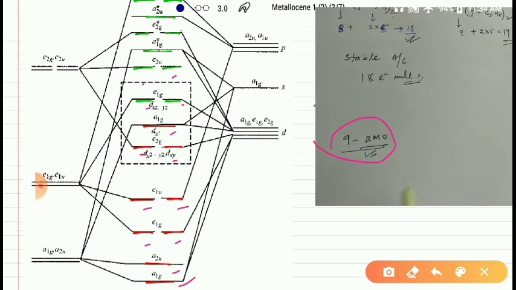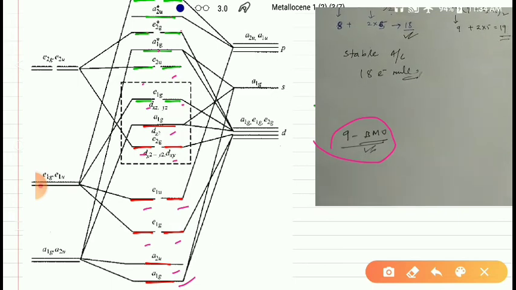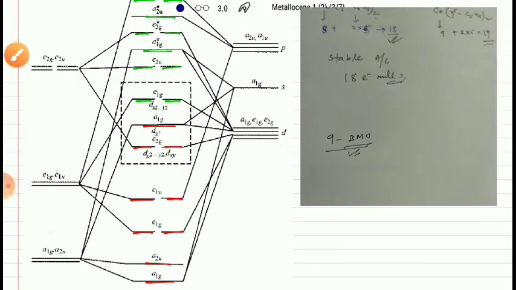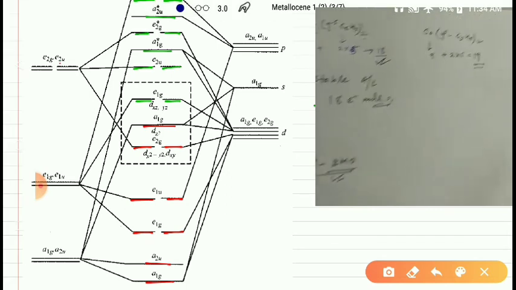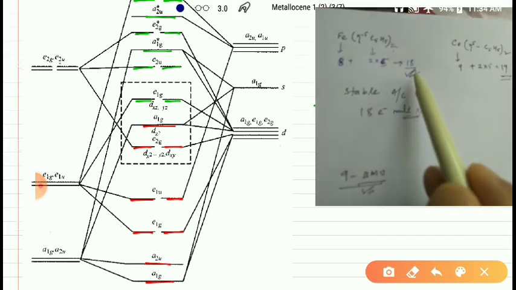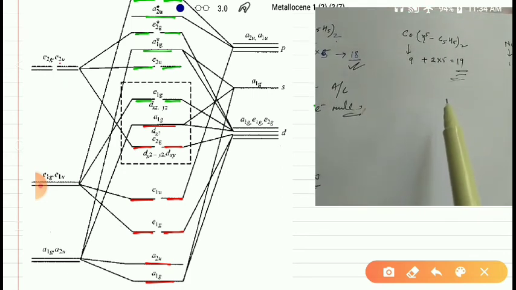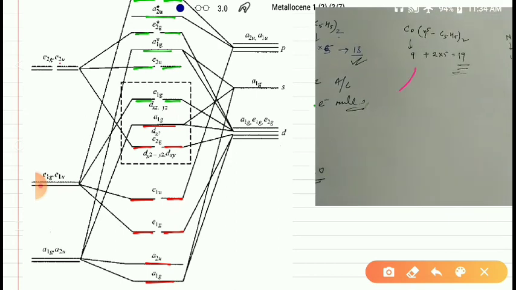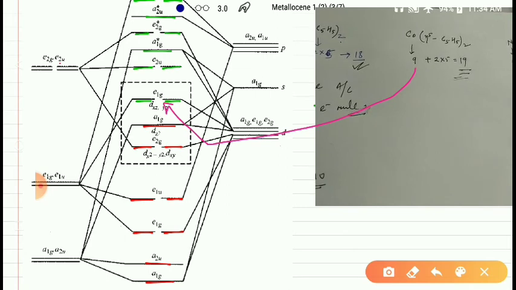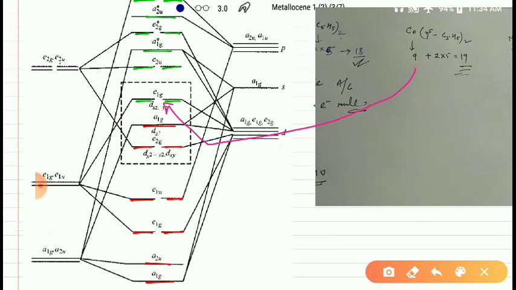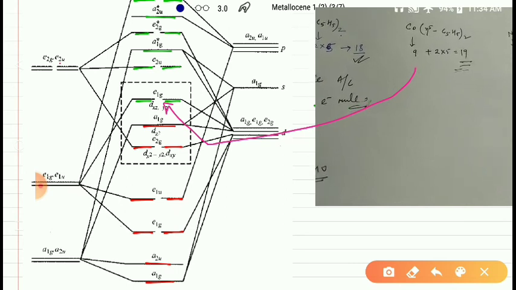Understand? Again, in the case of this complex, the cobalt complex, one electron is extra, and that one electron goes into the anti-bonding molecular orbitals. So these electrons are available for reactions, or we can easily remove this electron, or these electrons destabilize this complex.